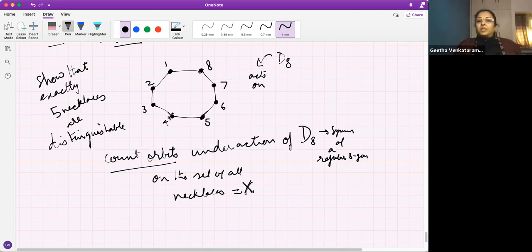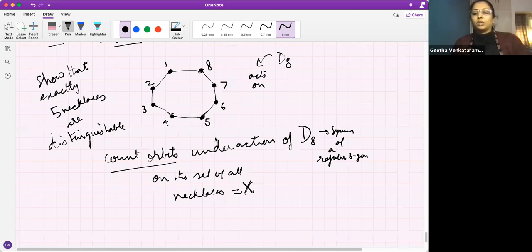See, there are 8 positions, out of which you have 5 white beads and 3 black beads. The beads are not distinguishable. So from those 8 positions, you have to choose the positions where your black beads will go.